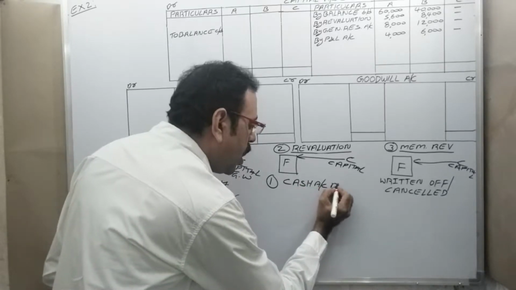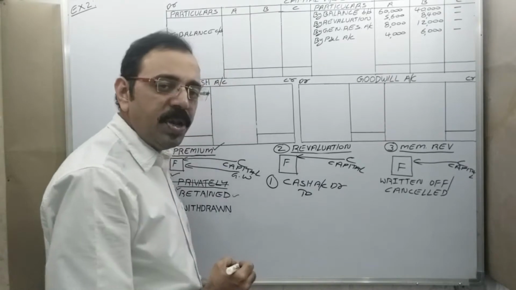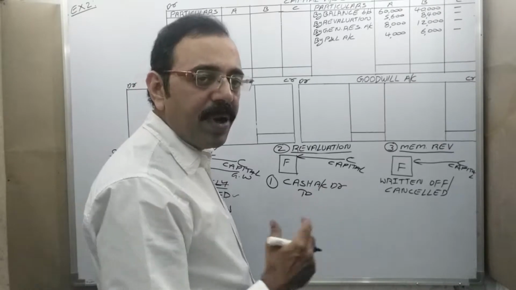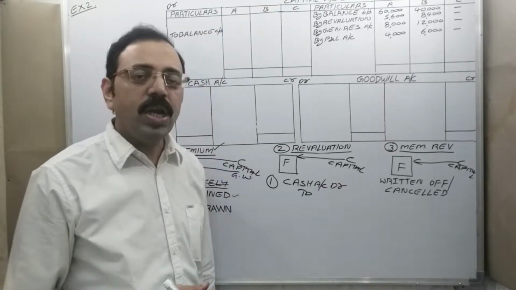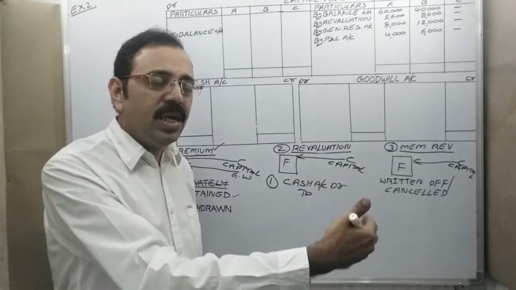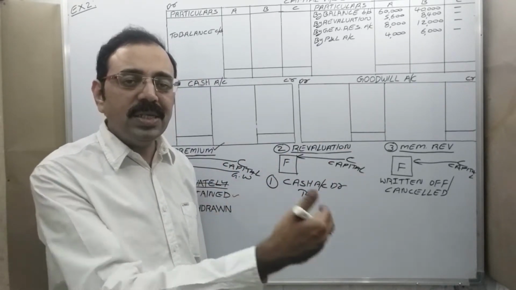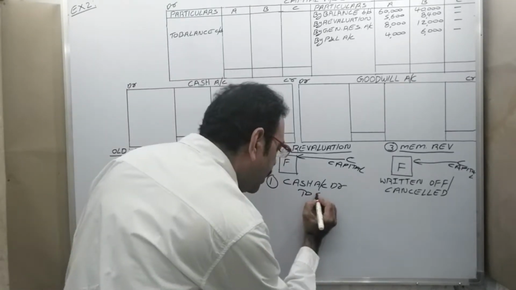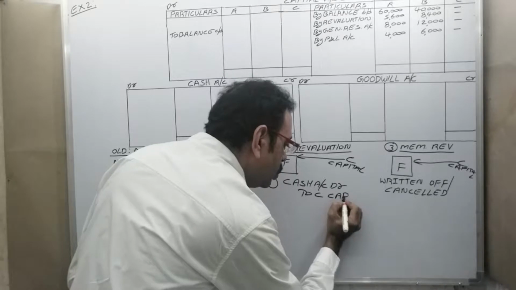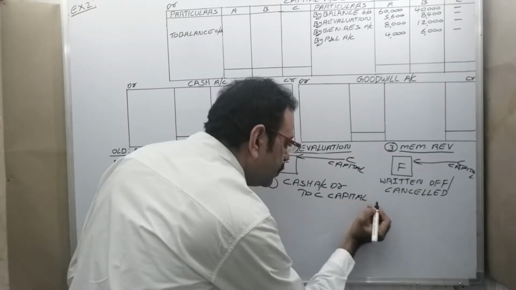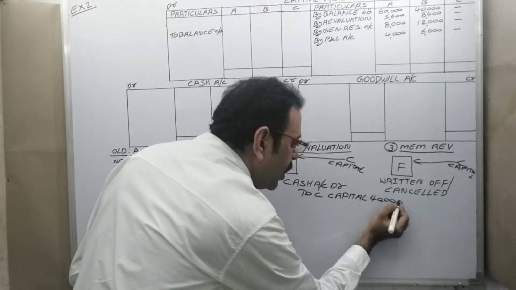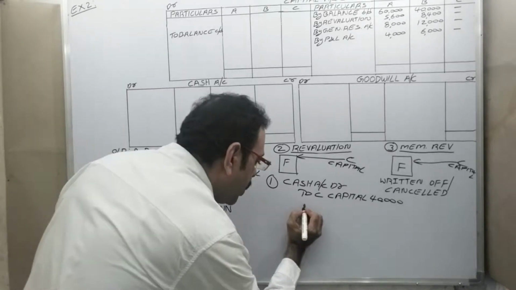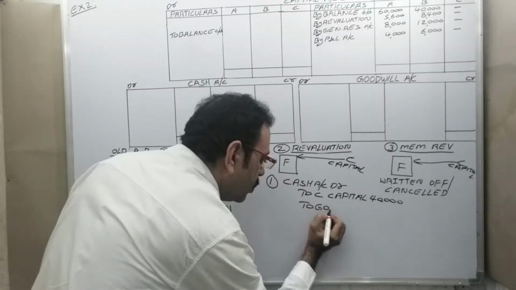Cash account debtor to. Who is bringing this cash? New partner C. So C capital is a personal account. What is the personal account rule? Debit the receiver, credit the giver. Since C is bringing the capital, he is a giver. Therefore, we should credit his account, C capital. 40,000 rupees capital he is bringing. Not only capital, C is bringing goodwill also.